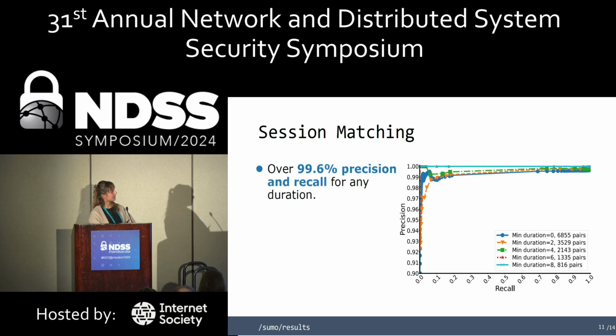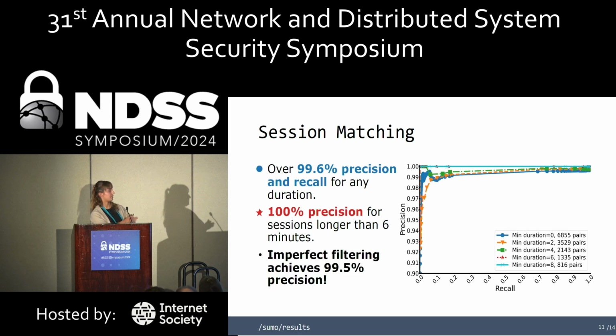So considering all the sessions, we obtain over 99.6% precision and recall. And if we restrict the minimum duration of the sessions to 6 minutes, we can actually obtain 100% precision. Now, this was the standalone result for this classifier, but also considering the imperfect filtering phase in the previous slide, we still achieve 99.5% precision.